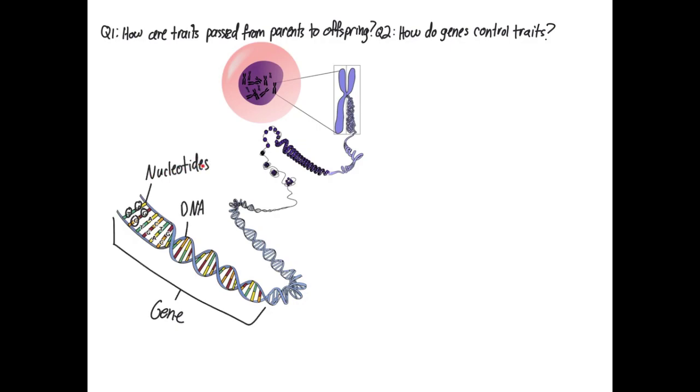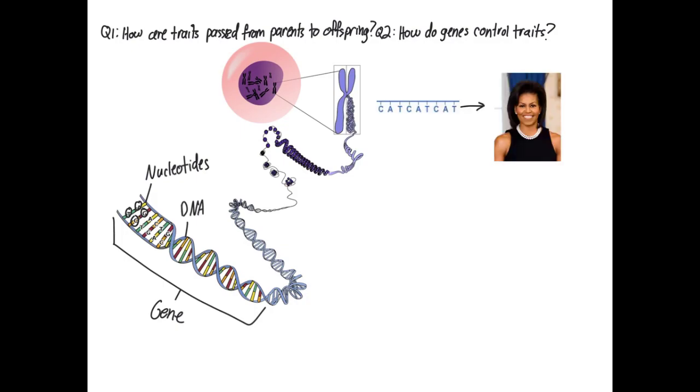These nucleotides come in 4 types: A, C, T, and G. It's the order or sequence of these nucleotides within a gene that holds the instructions for how to make a person. In this example, how to make dark hair.